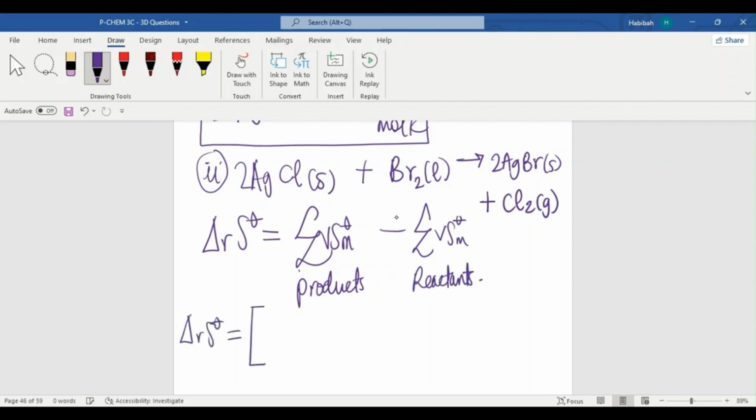So we have this here. The molar entropy for the products is simply going to be added, minus the added molar entropy of the reactants. That's simply what we're going to do here.